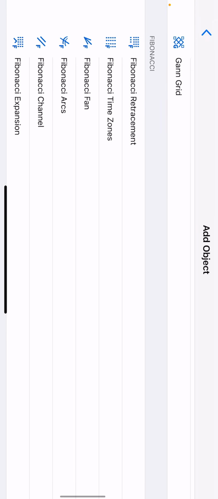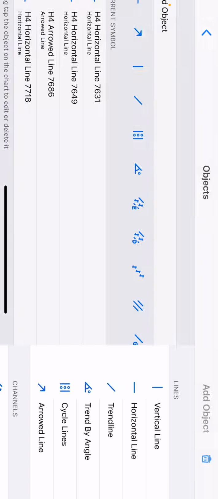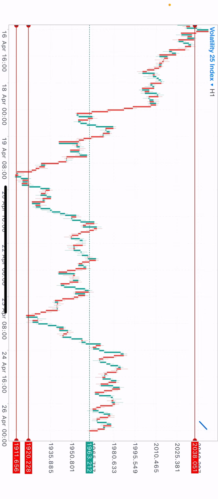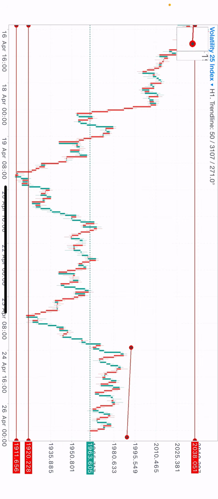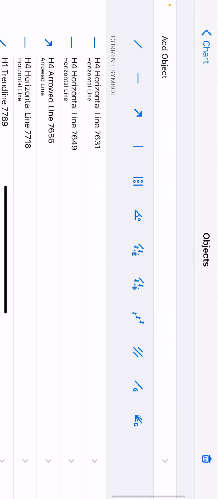I don't know why it's not here, so we'll just have to use two trend lines for that. First one here, and then we'll mark it to the downside. You see this, guys, and then another one again.